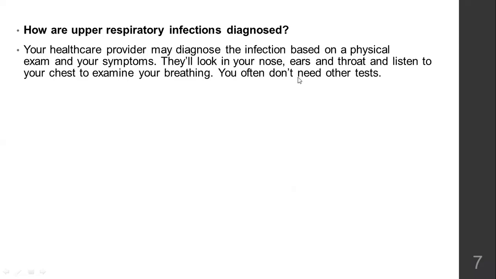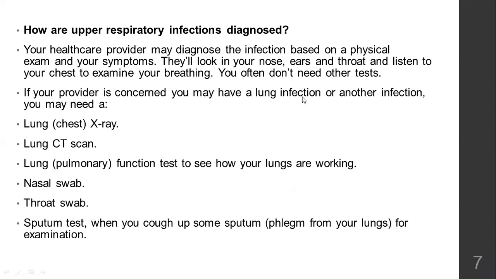Usually, you can just go for a checkup to an ENT specialist, ear, nose, throat. They can also examine your chest to see if you're breathing properly. You don't actually need any other test. But if the doctor is concerned about any lung infection, or any tumor or anything quite serious, the doctor may prescribe a chest X-ray or a CT scan of the lung.